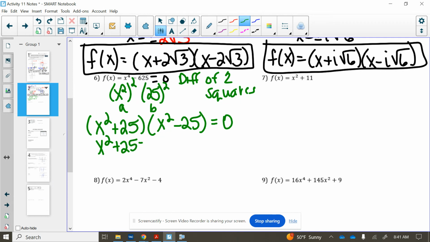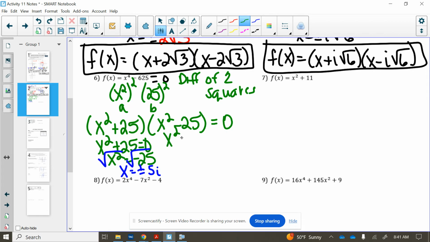So subtract over the 25, we end up square rooting a negative, so positive or negative 5i become our zeros for that first part.